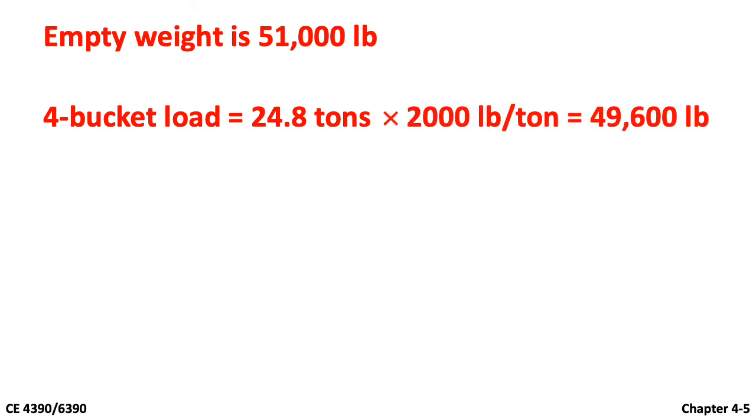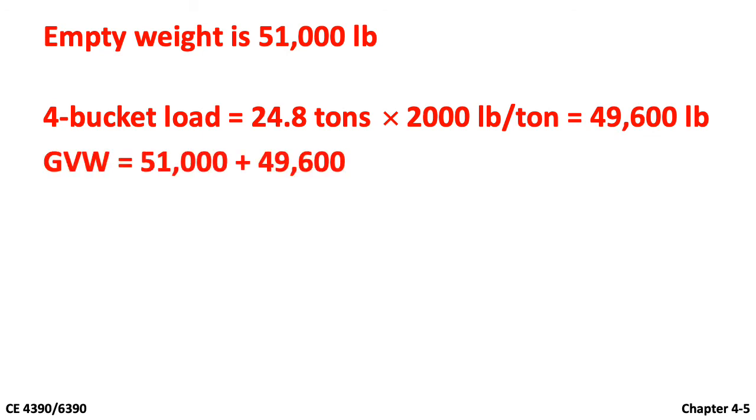Another thing that you need to calculate is the total gross vehicle weight. As given, the empty weight is 51,000 pounds. You need to add the weight of the load. Remember that we don't know how many bucket loads yet. If you use 4 bucket loads, as we found earlier, the total weight is 24.8 tons or 49,600 pounds.